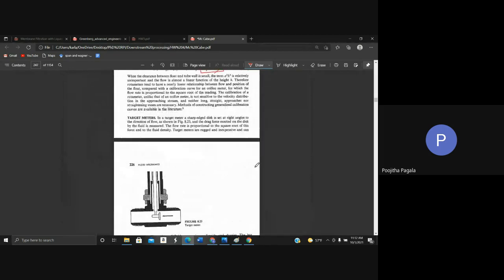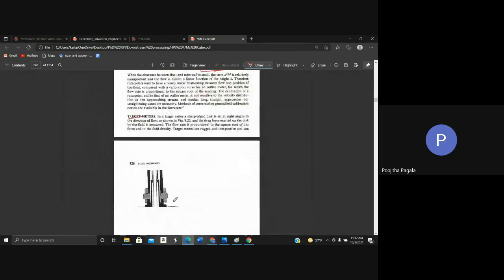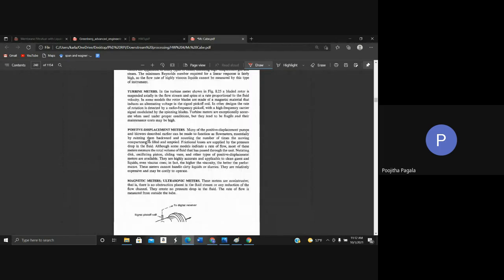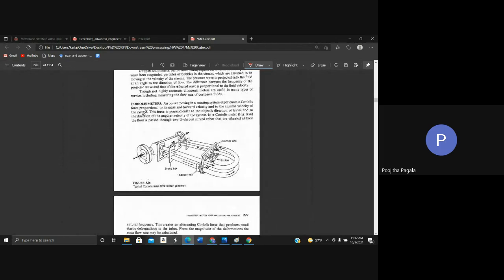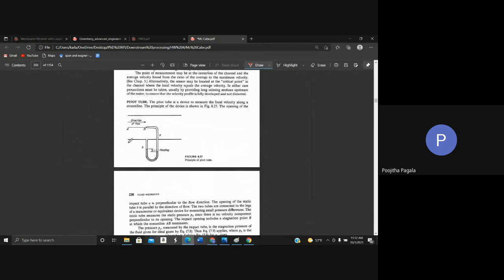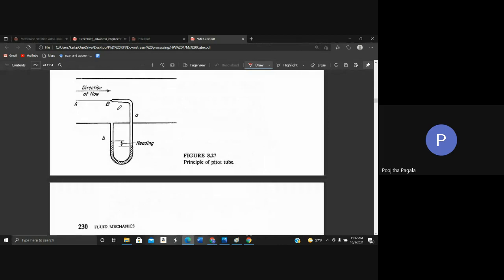Then you also have target meters, vortex shedding meters, turbine meters, magnetic meters, Coriolis meters. So the pitot tube I showed earlier, this is the pitot tube.